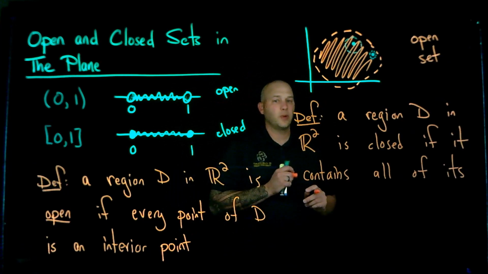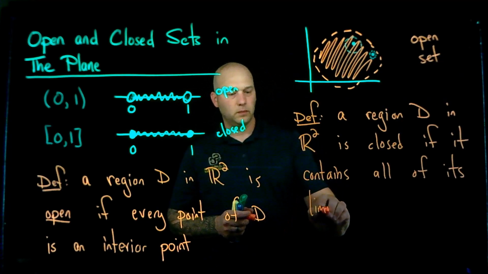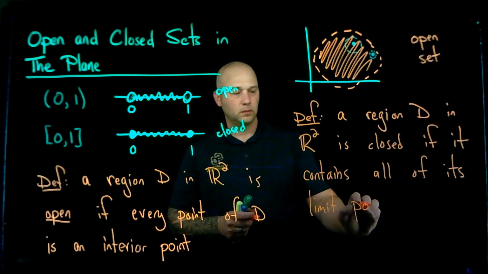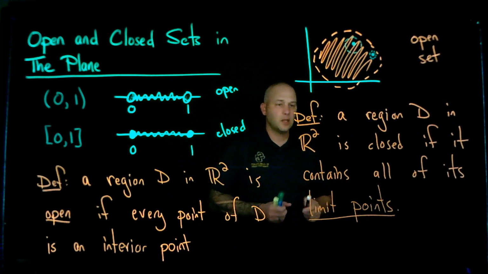Probably said boundary points. It's limit points. Okay, so it's closed if it contains all of its limit points.